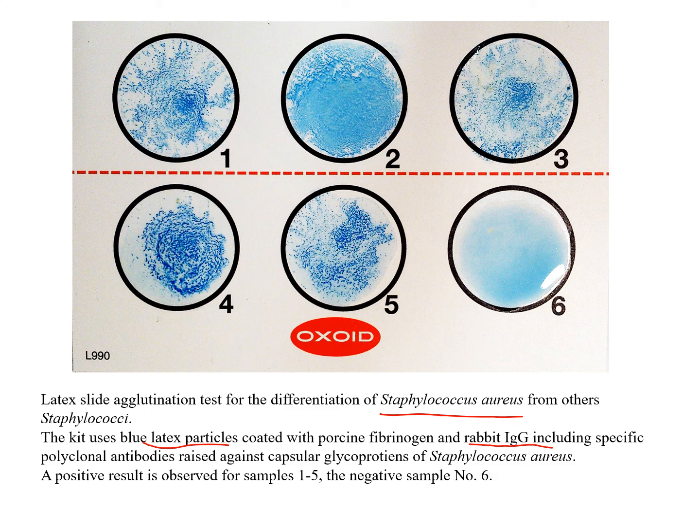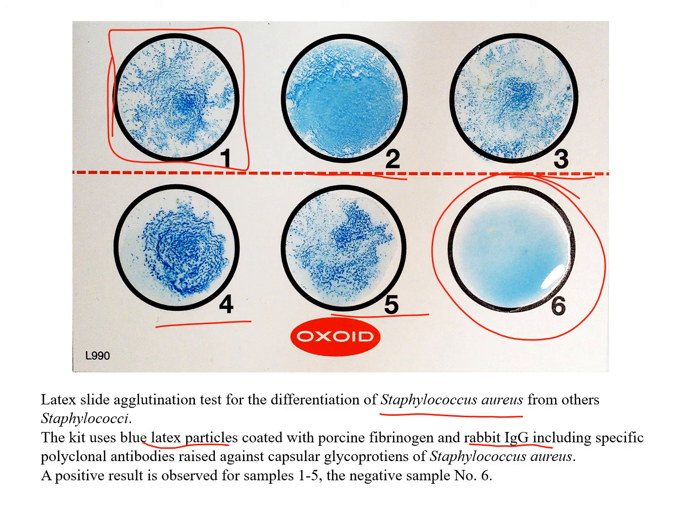So you take a sample from your patient, you add a drop of the latex particles, and then if you see agglutination, that means that sample is positive for the Staph aureus. So it looks like sample 1 is positive, sample 2 is positive, 3 is positive, 4 is positive, 5 is positive, and 6 is negative.